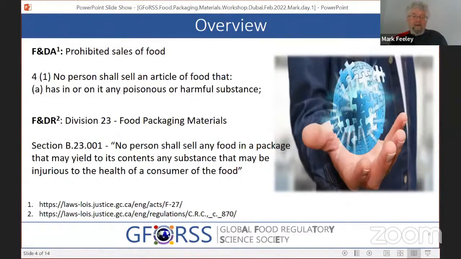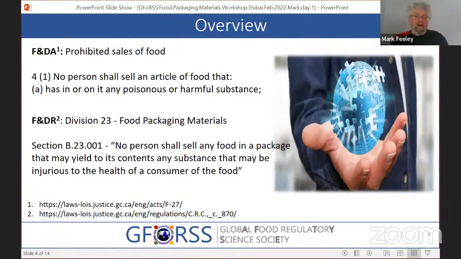At that time, it wasn't considered that pesticides or vet drugs, which can be poisonous or harmful substances, would be deliberately added to food. So there are specific provisions of the Food and Drug Act that exempt food if the substance is being added for a deliberate purpose, and that particular substance, if it has poisonous or harmful properties, is exempted if it complies with a maximum level or a maximum residue level.